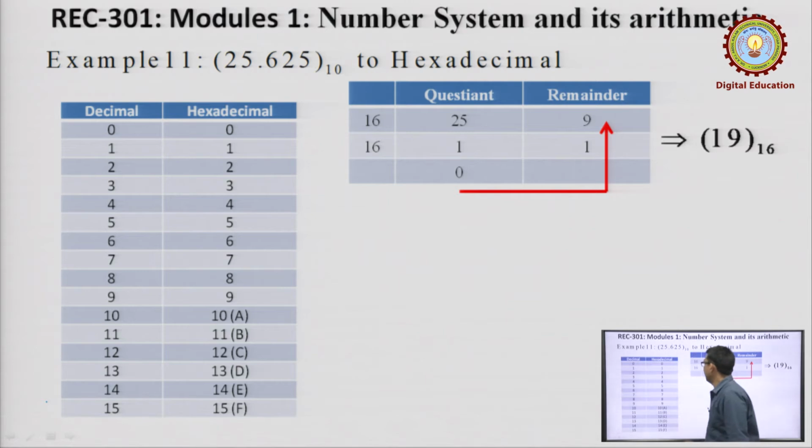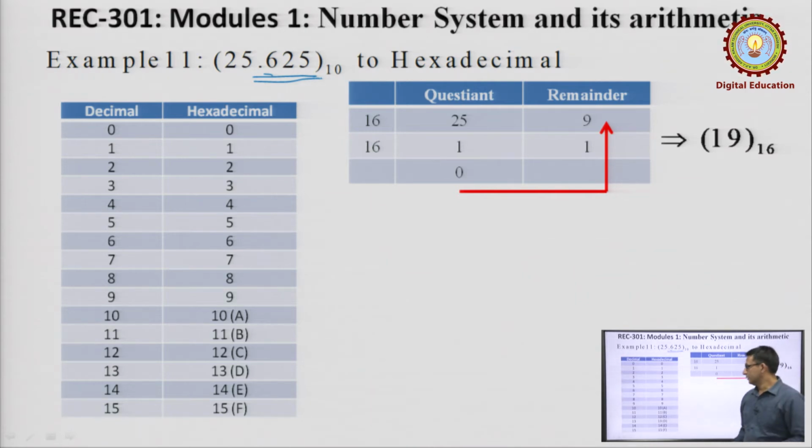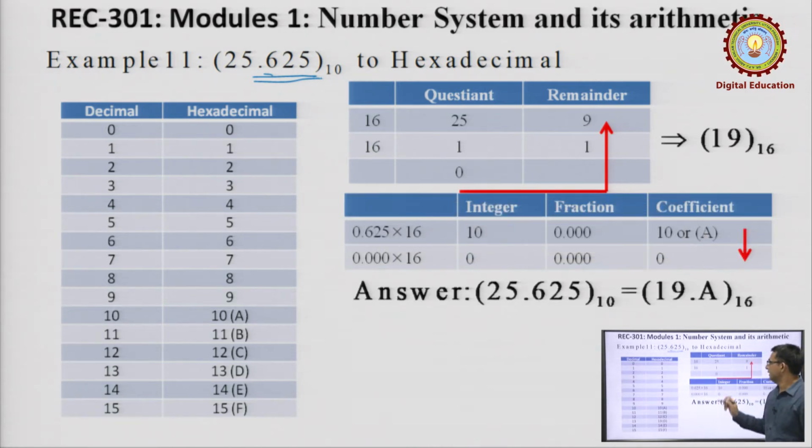Now the second part of this question is the fractional value. We multiply the fractional value by the base of the number system into which we want to convert it. This is the decimal number 0.625, and we want to convert it to hexadecimal, whose base is 16.